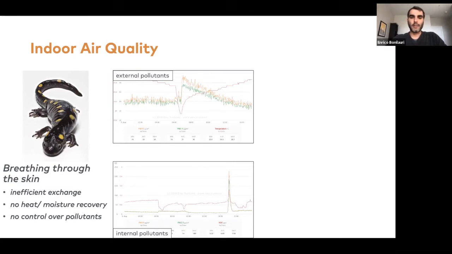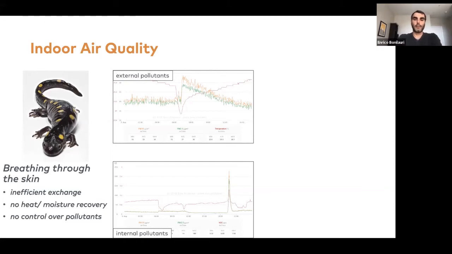These 2 graphs in the center of the slide show indoor air quality monitoring that I executed in Nevada a couple of years ago. One at the top shows opening the windows in the morning to get some fresh air through. Temperature, which is the red line, drops, so you do get cooler air in, but you also get pollution, that is the green and orange lines, particulate matter 2.5 and 10.